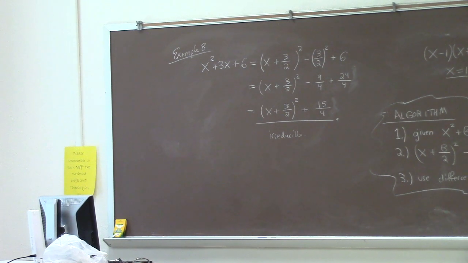All right, so we do x plus 7 over 2 squared, right? And then we subtract 7 over 2 squared. And still we got the 3.